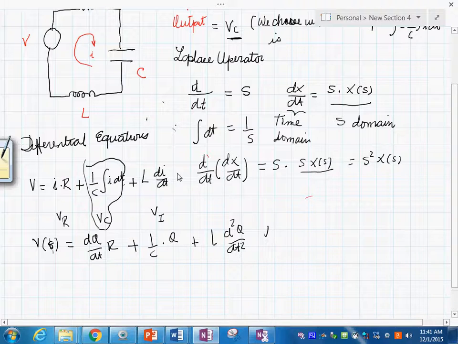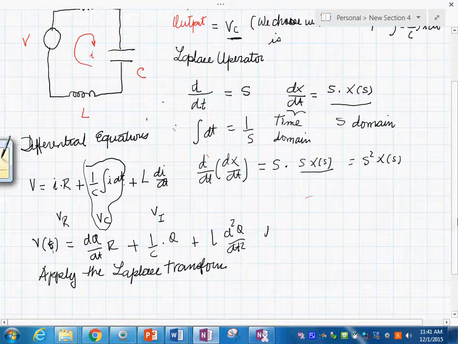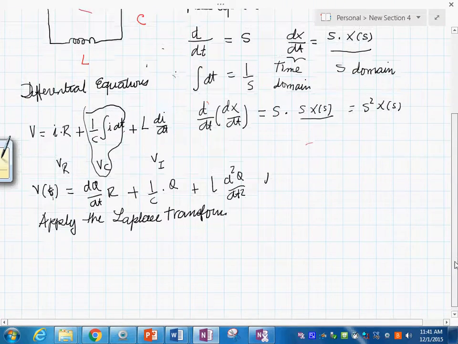So this is the same equation as this, but in terms of Q. If you apply the Laplace transform to this, we're going to apply the Laplace transform.